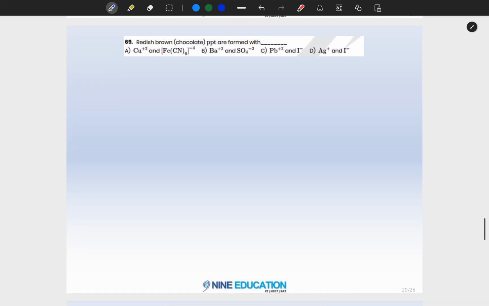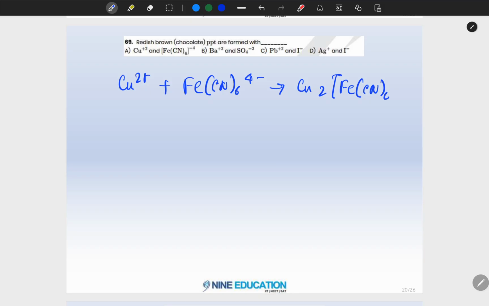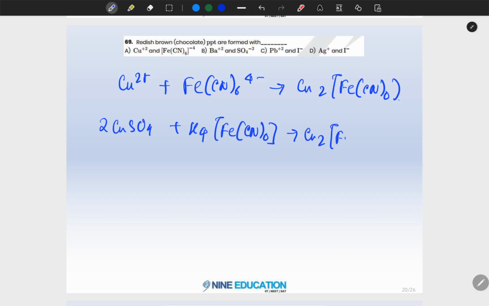Reddish brown chocolate precipitate is basically formed when Cu2+ reacts with [Fe(CN)6]4-, resulting in the formation of Cu2[Fe(CN)6]. So this is the correct reaction over here: 2CuSO4 will react with K4[Fe(CN)6], and after that it will be converted to Cu2[Fe(CN)6].